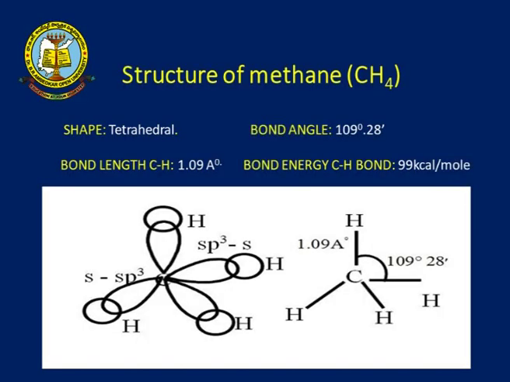This is known as axial overlap or head-on overlap. Likewise, methane is formed. CH4 is known as methane, and the bond angle, as I said earlier, is 109 degrees 28 minutes.